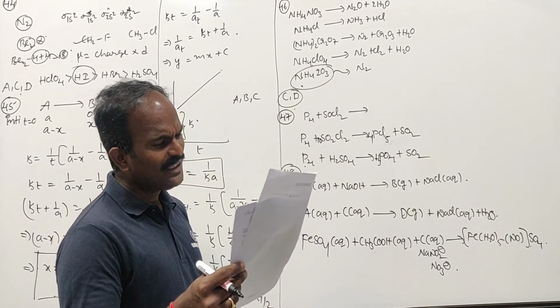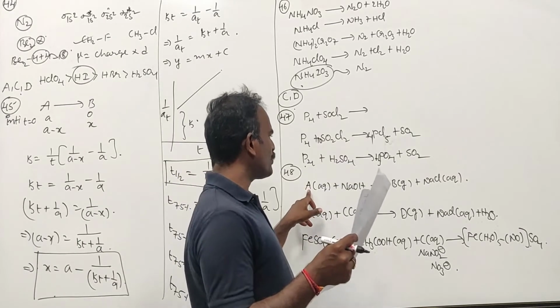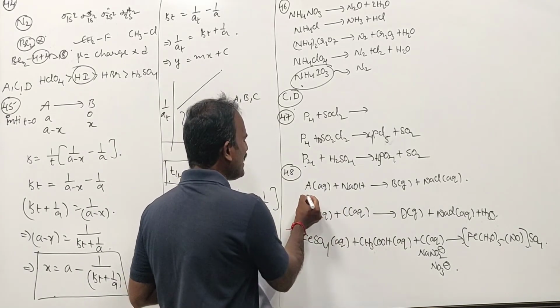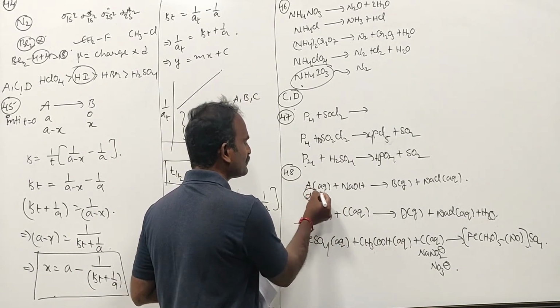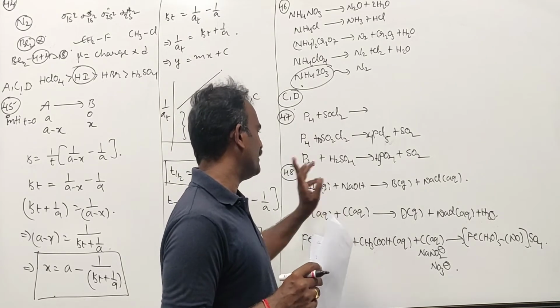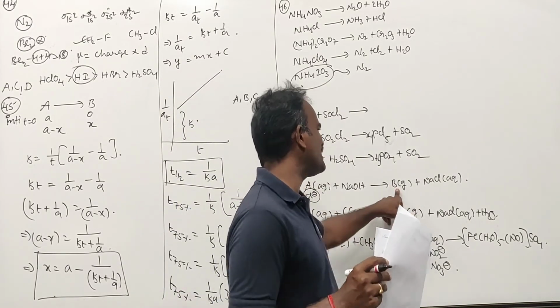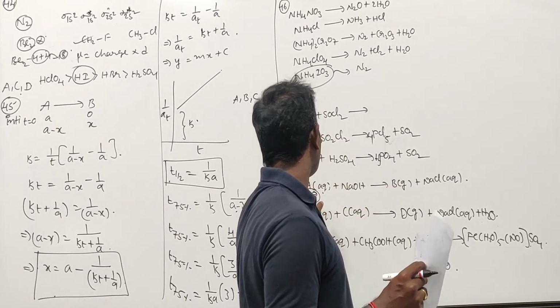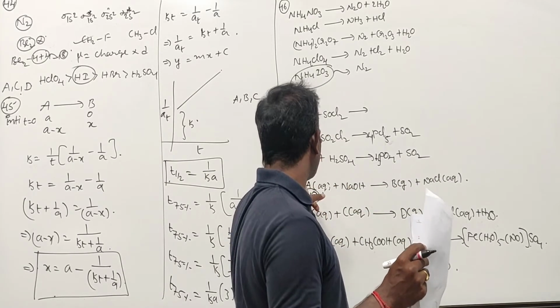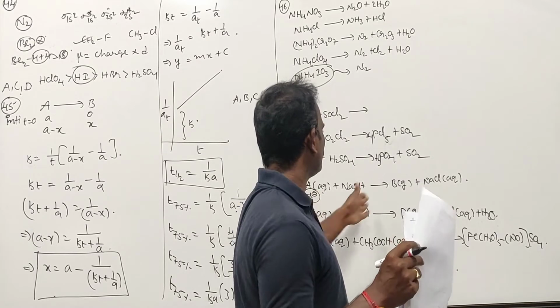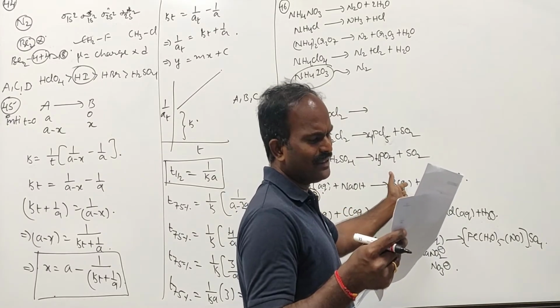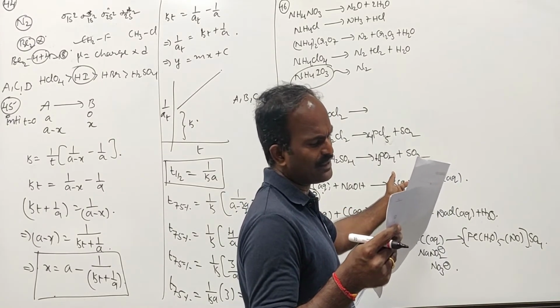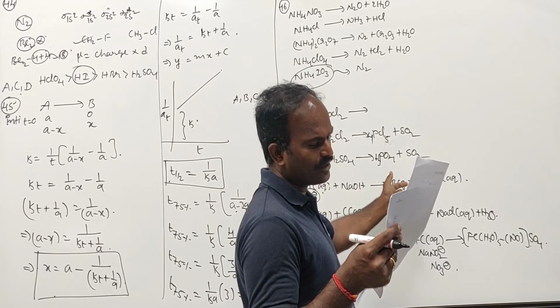Next. So what is the actual solution of this one? It can be any chloride, surely, something like KCl. Therefore it is going to give some NaCl along with some gas, because they are treated with NaOH.